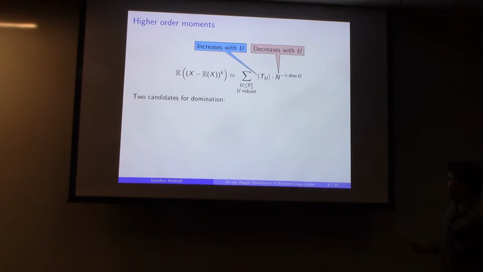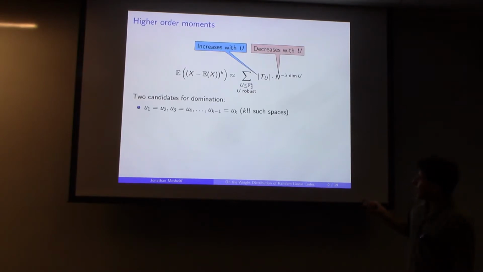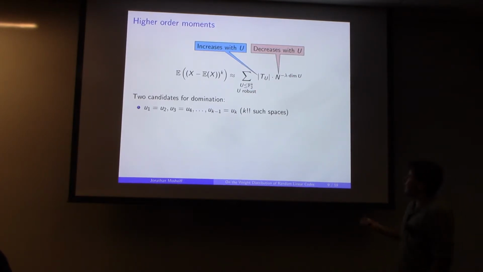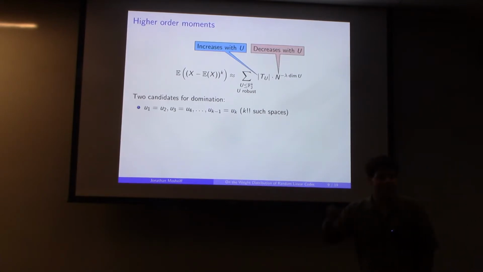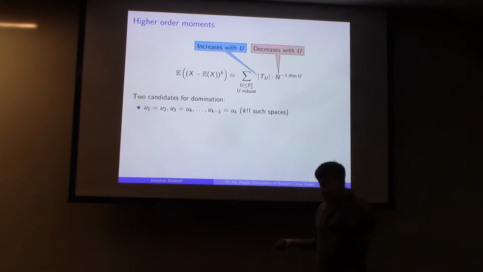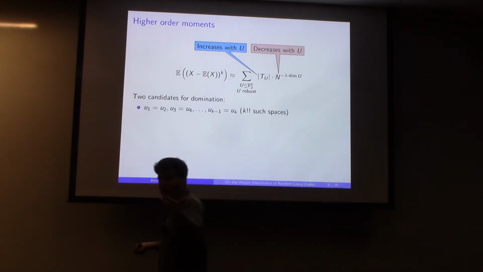We're actually going to show that there are only 2 candidates for who dominates this sum. The 2 candidates depend on k, gamma and lambda, which are my 3 parameters: the layer I'm looking at, the density of the rate of my code, and the order of the moment I'm trying to compute.